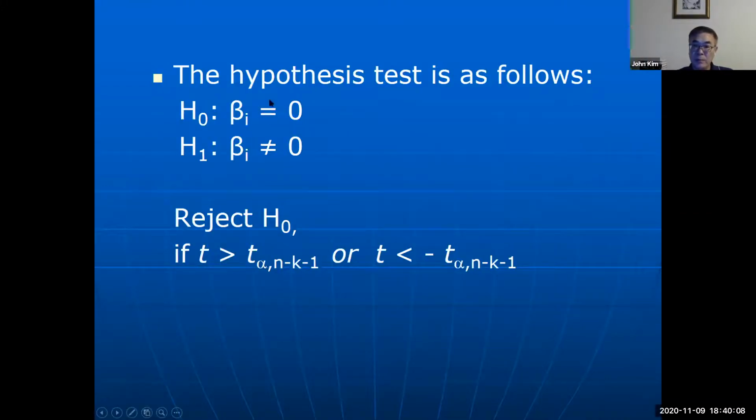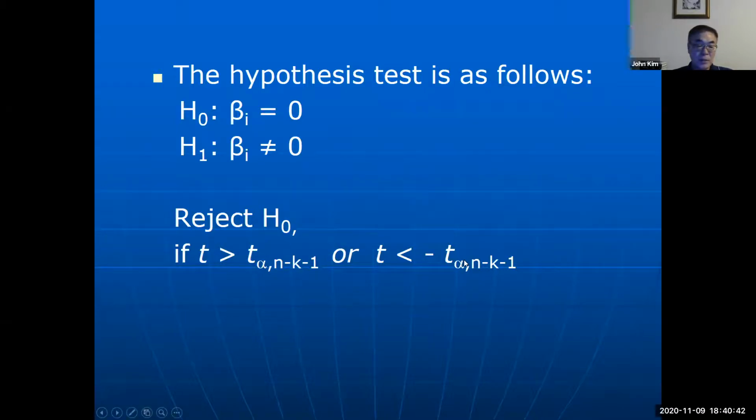I don't know if you remember about the hypothesis: if there is only an equal sign in the null hypothesis, that is a two-tail test, and then we use the T distribution. So this is a T test and a two-tail test.